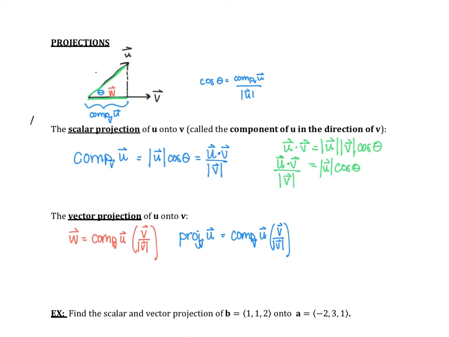But what we know is that the component of u in the direction of v is equivalent to what we said up above. So I'm going to rewrite this to say that the projection of u onto v is equal to u dot v over the magnitude of v, times the unit vector of v.